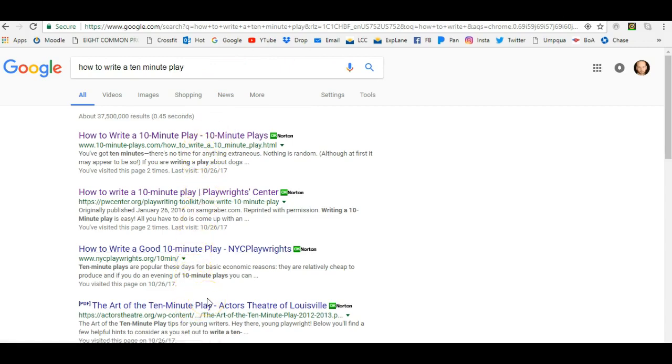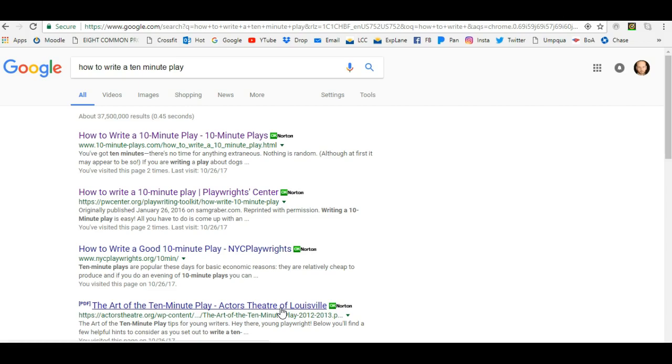A 10-minute play is an extremely popular genre in the theater these days because these people right here, the Actors Theater of Louisville, very well respected regional theater, very well known for their actor training programs, and most importantly for all the work they do with playwrights in fostering new plays.